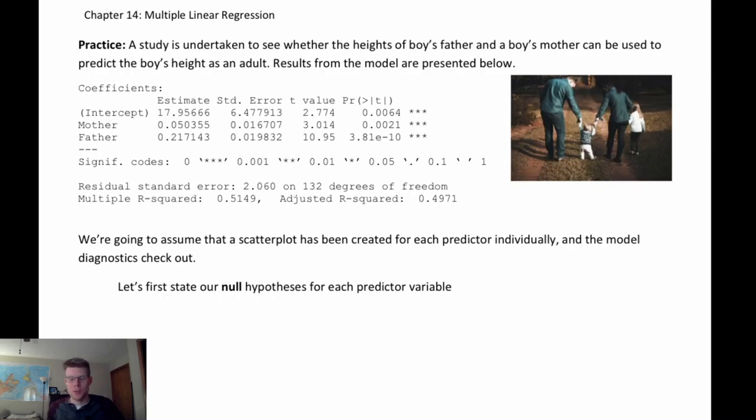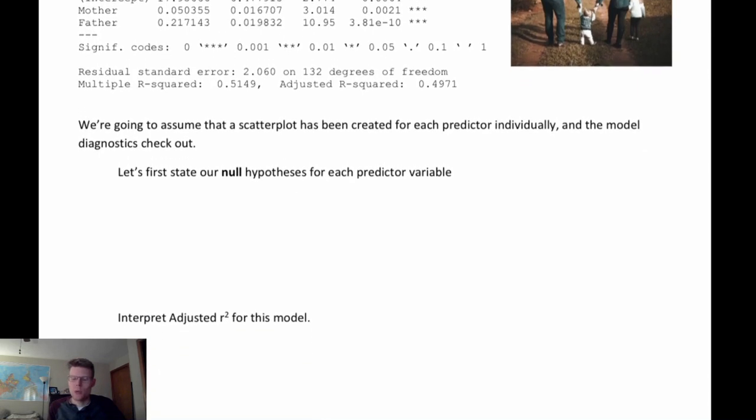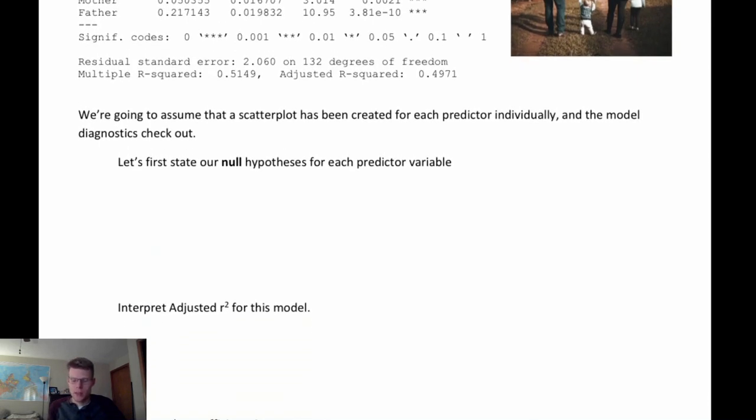And so that is the difference that we need to recognize when we write out these null hypotheses. We're actually going to have two nulls, one for each predictor in this case. The null here would be that there is no, and in parentheses linear, because we're assuming we're fitting a linear term.